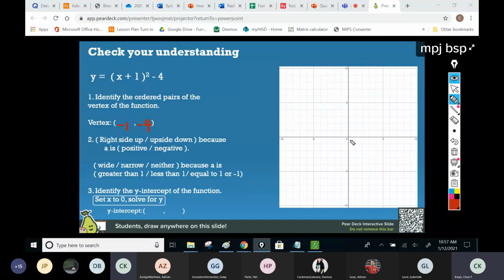Go ahead and find -1 and -4. So -1 is right here, and then -4 is right here. That means the tip, the vertex, is going to be right here.